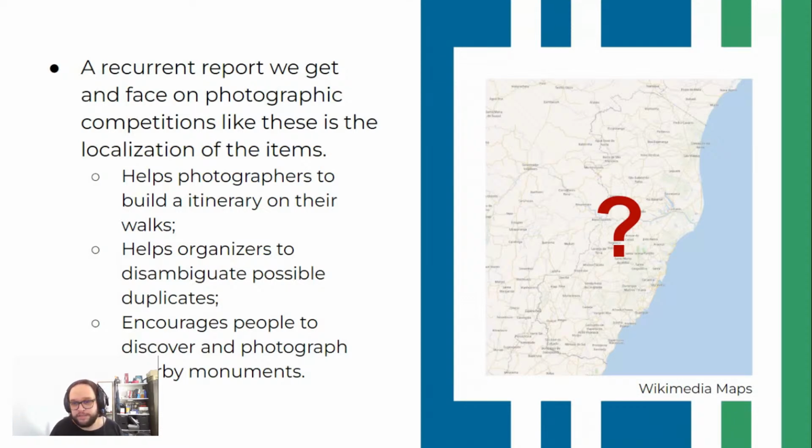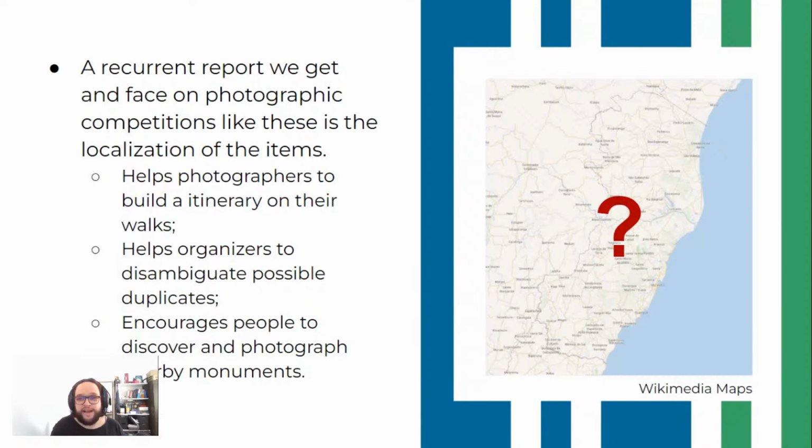I have a monument within 3 kilometers of my location right now that doesn't have a photo on Wikimedia Commons, and it's really sad to see this red dot, this red pin on the map.